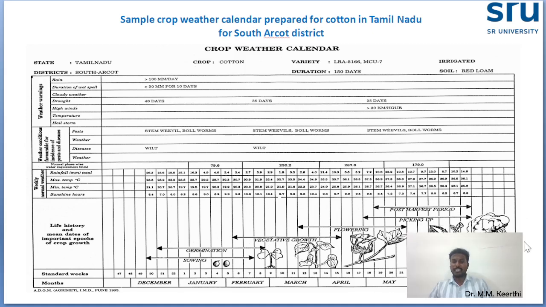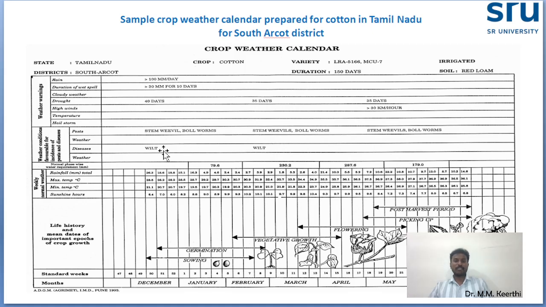So all the details stage wise will be there. In the middle, weather details, rainfall, maximum temperature, minimum temperature, every detail will be there. In the upper part, the abnormal weather conditions, in which stage what type of weather abnormalities, what type of disease or pest or issues will occur in that stage.